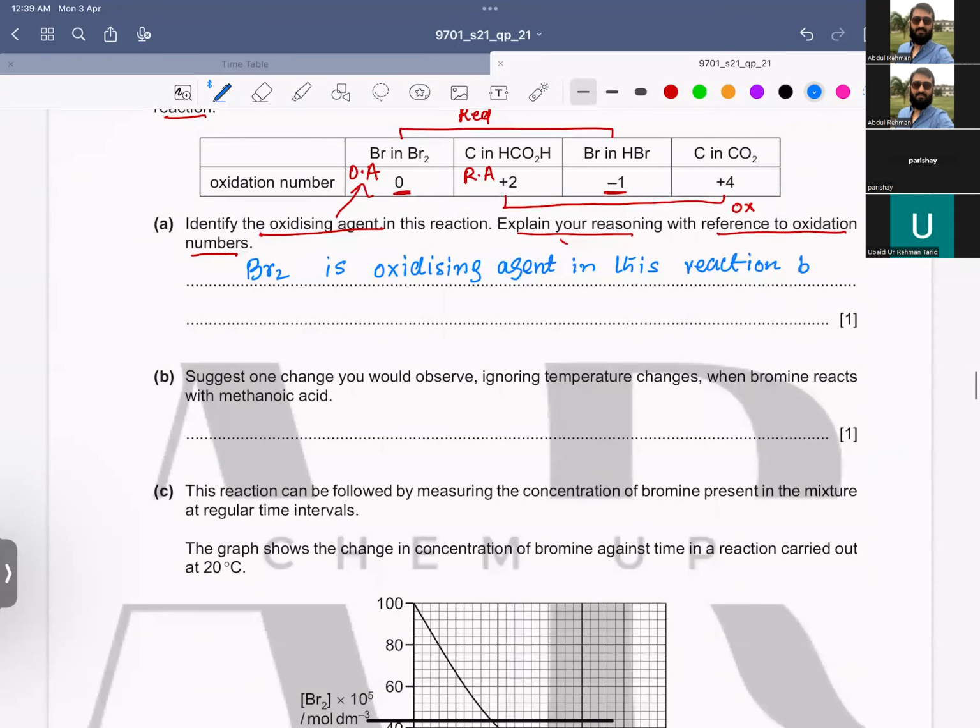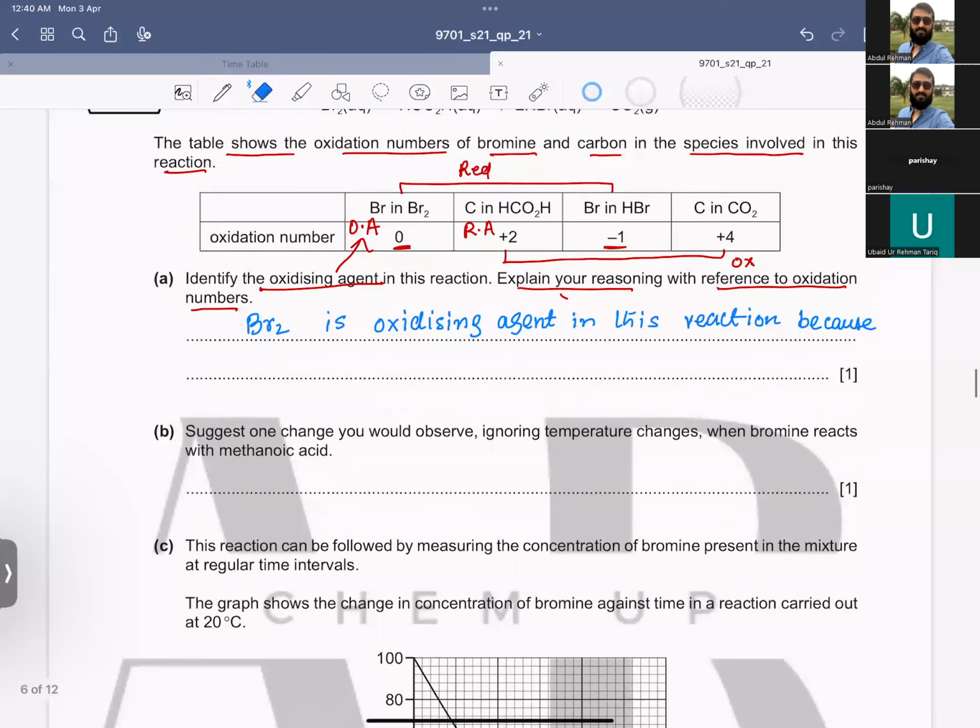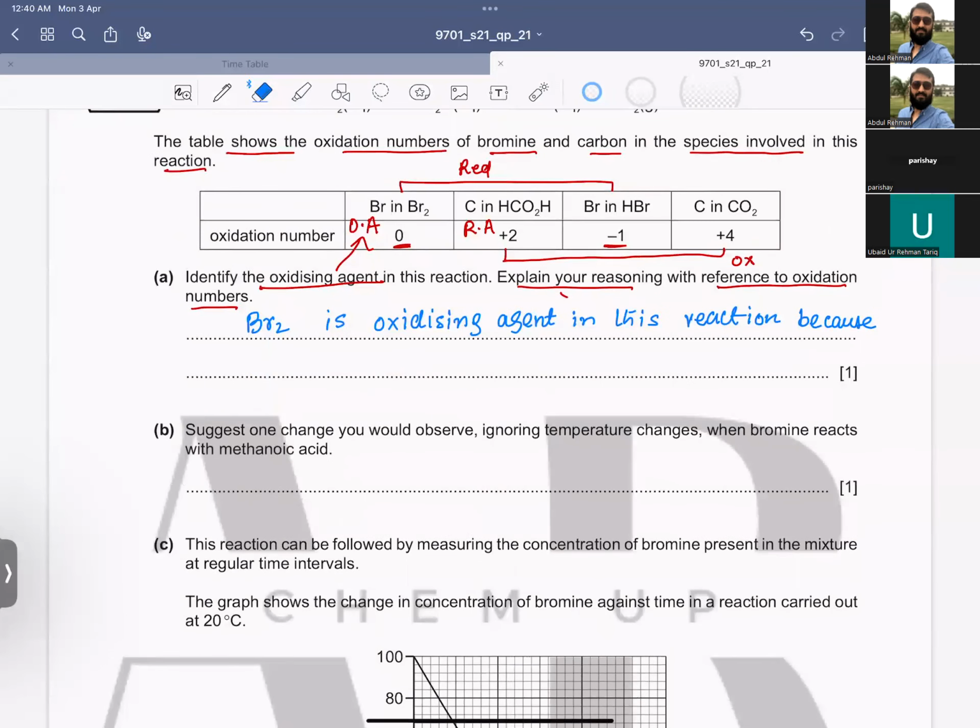Because now how am I going to explain this? See, they have asked you to explain your reasoning with reference to oxidation number. Okay, so what we are observing is that its oxidation number decreases.